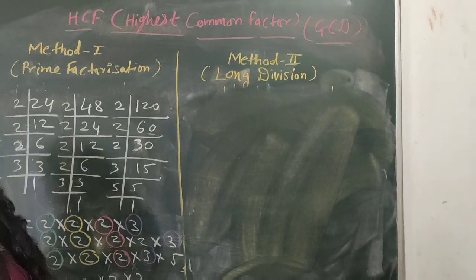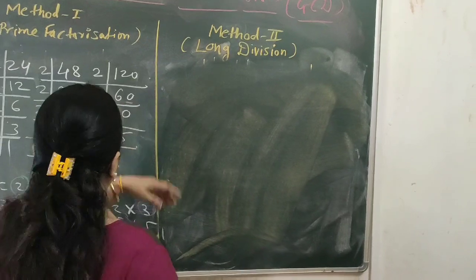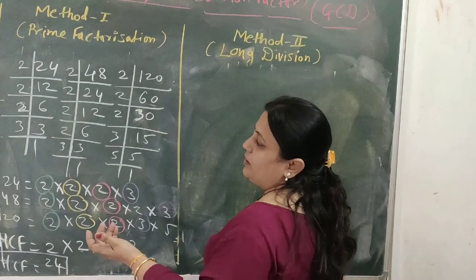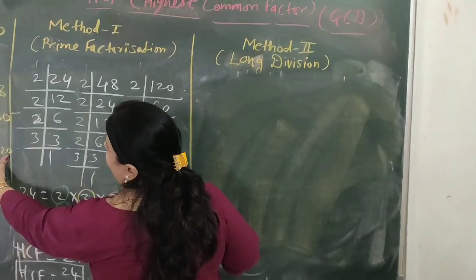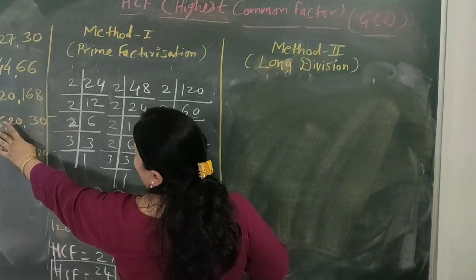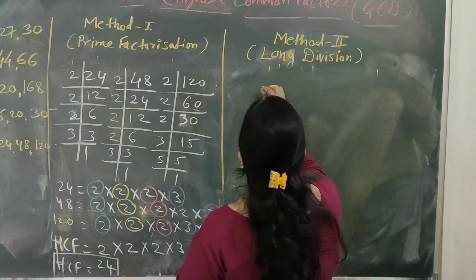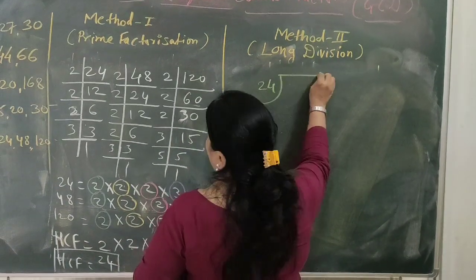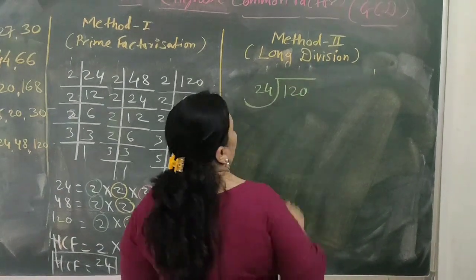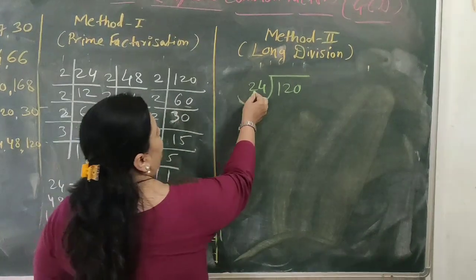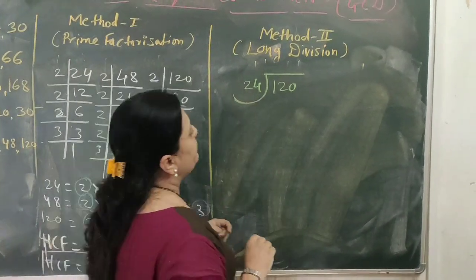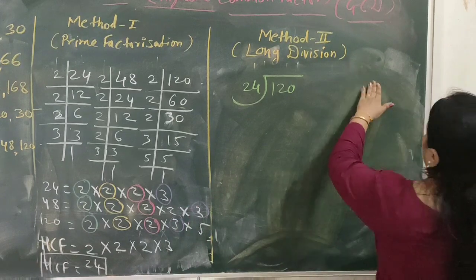Now children, we will see the same example by the long division method. So now we will take 24 and 120. Last time we took 15, 20 and 20, 30. Now we will take these two numbers, 24 and 120. Okay children, so 120 divided by 24.